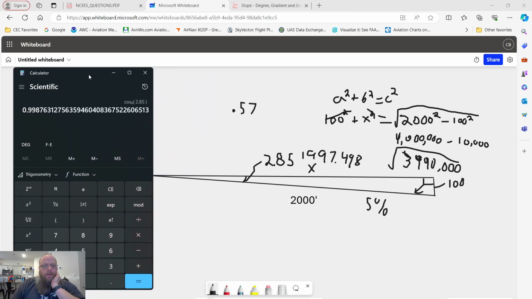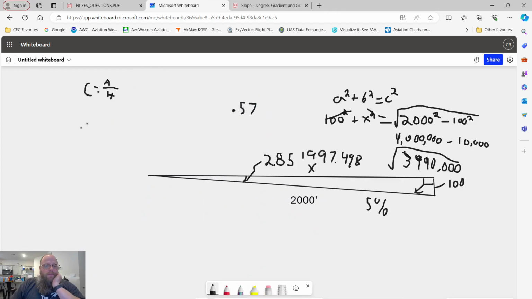That is 0.9987. 0.9987 equals x over 2,000.